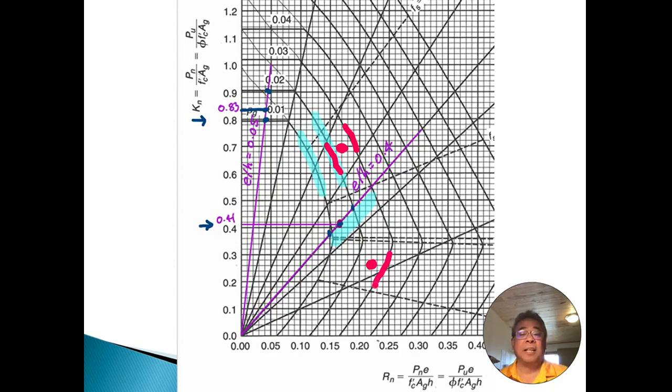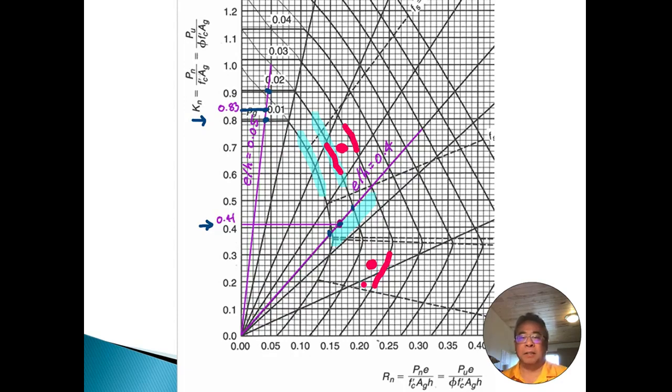And it's even easier if you have a spreadsheet, and I'll show you how to use a spreadsheet in a separate video. I've got a spreadsheet where you type in all the dimensions of your columns, and it will draw your interaction diagram for you. You don't have to put denominators, f prime c's. It actually plots it in foot kips, or I think I do it inch kips and kips.